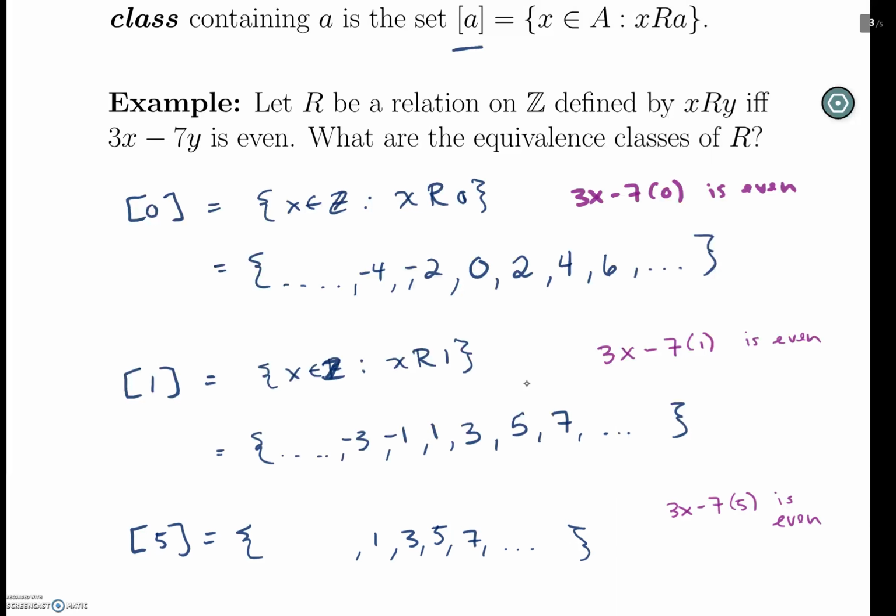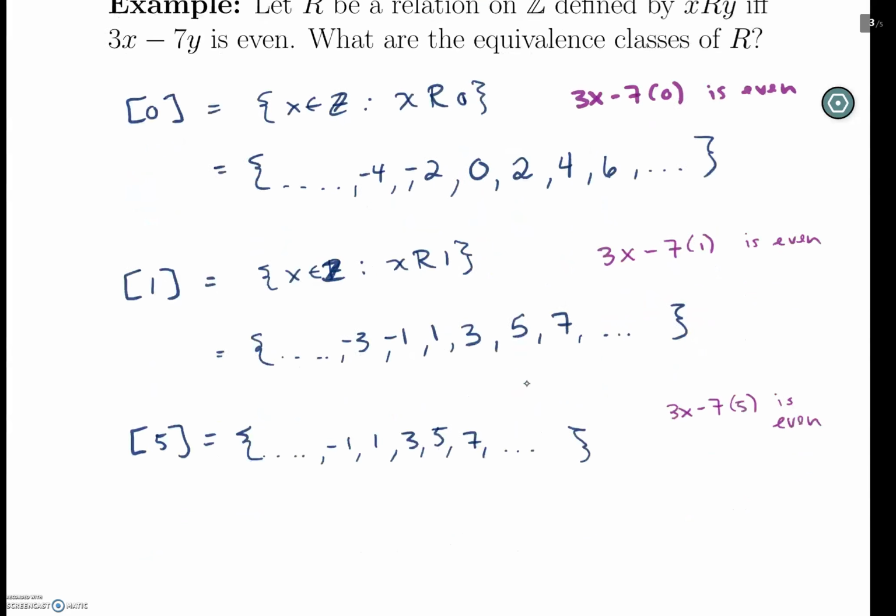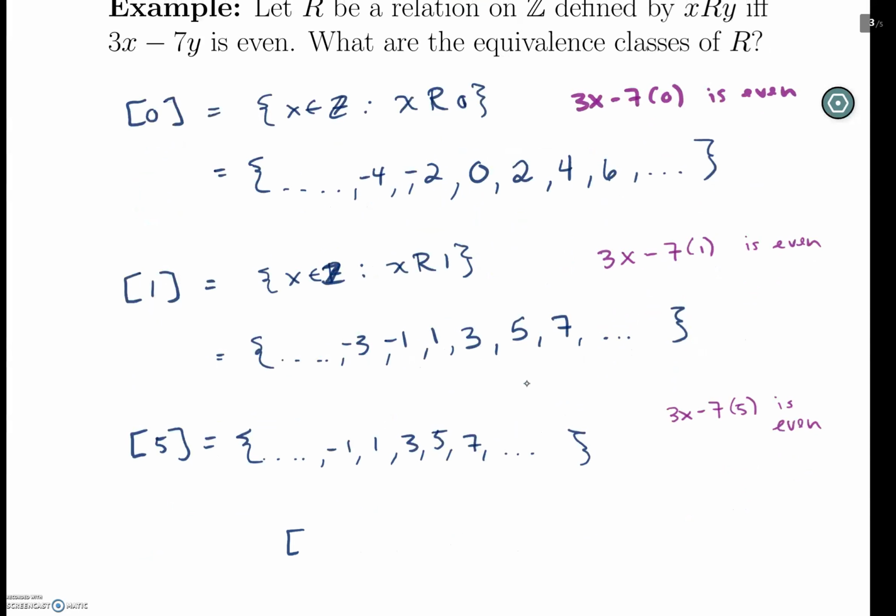And again, we're just going to get all the odd integers. So what this tells us is that the equivalence class of 1 and the equivalence class of 5 are the same. So when writing this, we generally take the smallest positive value and we just consider the equivalence class 1. But it would be equivalent to the equivalence class of 3, of 5, of 7, but we're just going to represent it with 1.